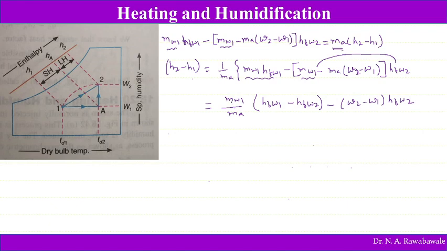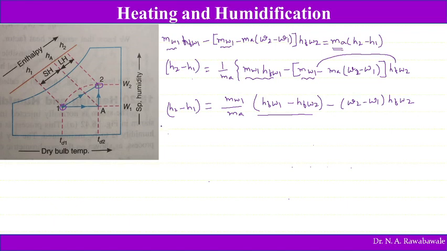The 1 over MA, MW1 divided by MA, is multiplied only with this. When we multiply, MA gets cancelled, and the HFW is in multiplication. This is nothing but the increase in enthalpy of air from H1 to H2 in the humidification process.